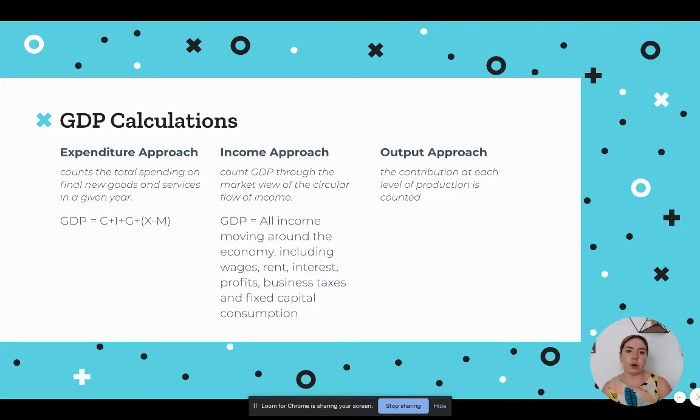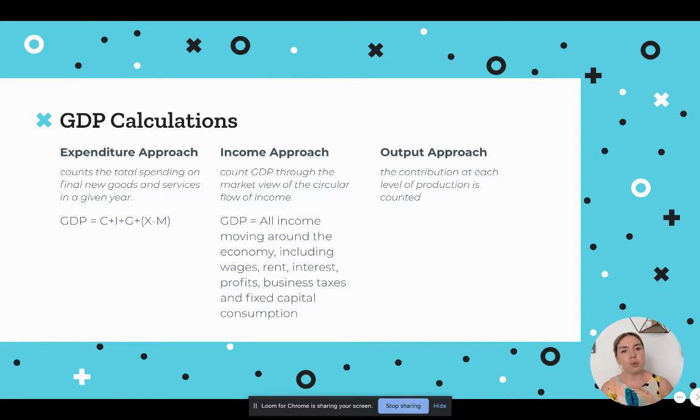So what the output approach does is it considers the level of contribution at each level of production. So if we consider the baseline, the farmer who grows the wheat, and he sells the wheat, there's step one, and the contribution at that point is what he sells it for. Okay, it's raw, it's gone. The baker then makes it into bread, and the baker will sell it for more money because obviously he wants to make some kind of profit.